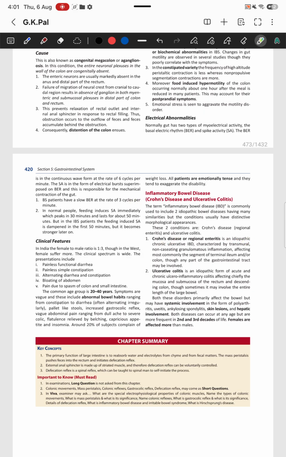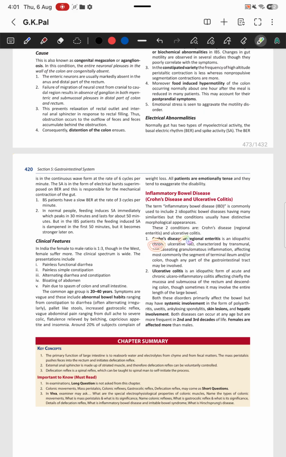It is idiopathic, chronic, ulcerative inflammatory bowel disease. Idiopathic because its reason is not known.